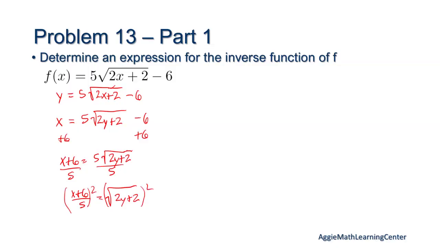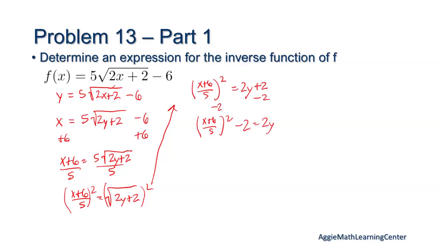So we had (x plus 6) over 5, squared, is equal to 2y plus 2. Subtract 2. So we have (x plus 6) over 5, squared, minus 2 equals 2y. And then finally we can divide both sides by 2. So y is equal to ((x plus 6) over 5, squared, minus 2) divided by 2.